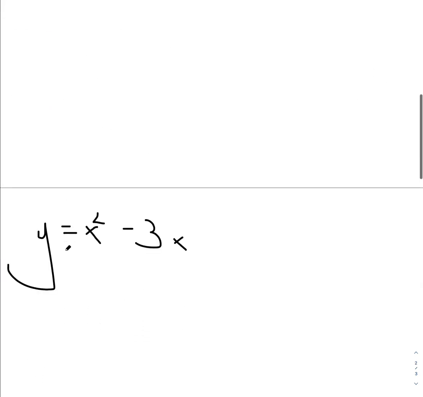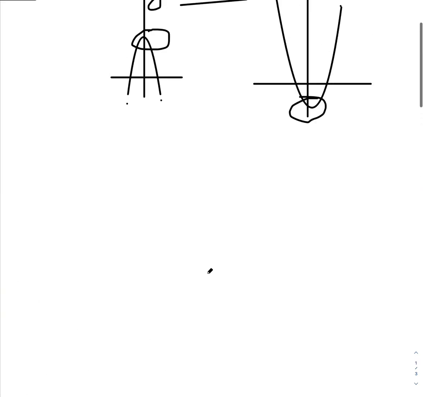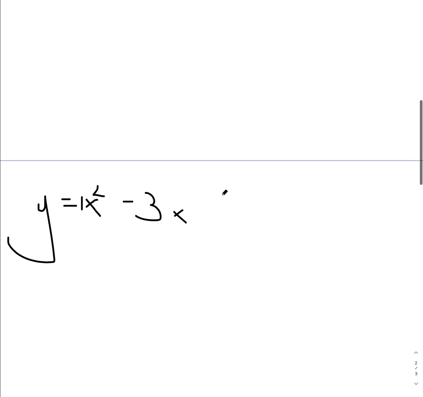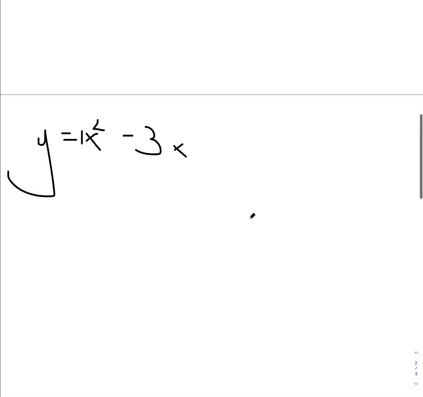So my ax squared is this. There is a 1 here, but we don't usually write 1, and this is just squared, to the power of 2. And this is my bx, negative 3x. You might ask where is my c, but the c is just plus 0 and there is no use for writing it.